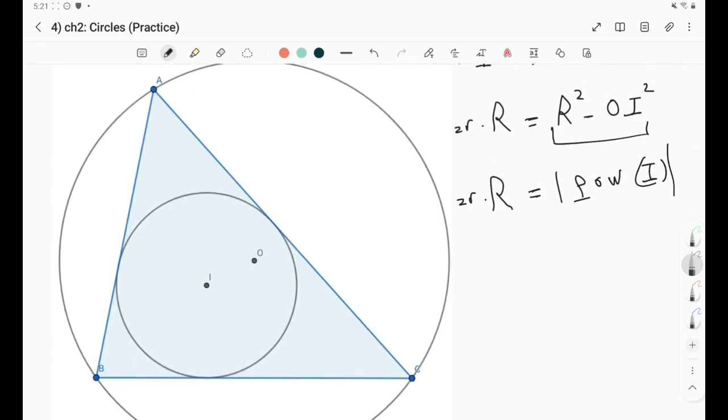Okay, now this seems more reasonable. We can now do more things to this, because now we just need to work with the power of point I, with respect, of course, to the circumcircle. And this seems way nicer than working with OI, which was really ugly and not approachable at all. So now we can try to think about the power of point I. But still, how can we exactly deal with it?